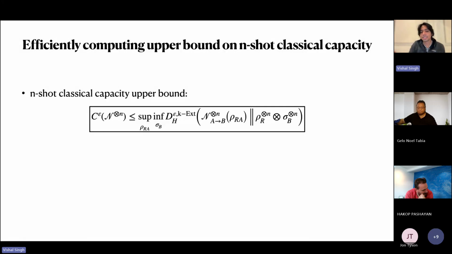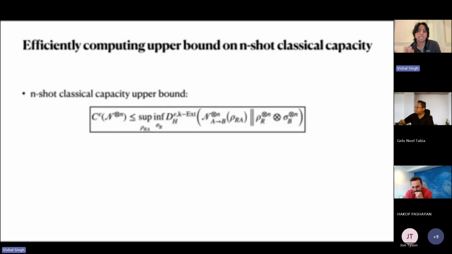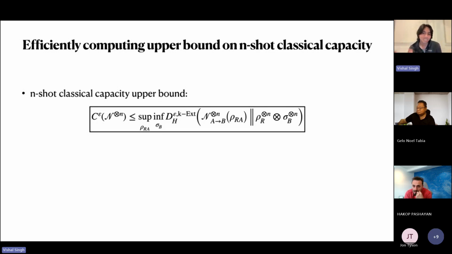In that case, one simple way is to consider this expression here, and that is a valid upper bound. But if we just try to compute this, it would scale exponentially in the number of copies, and in CS terms that would be inefficient.